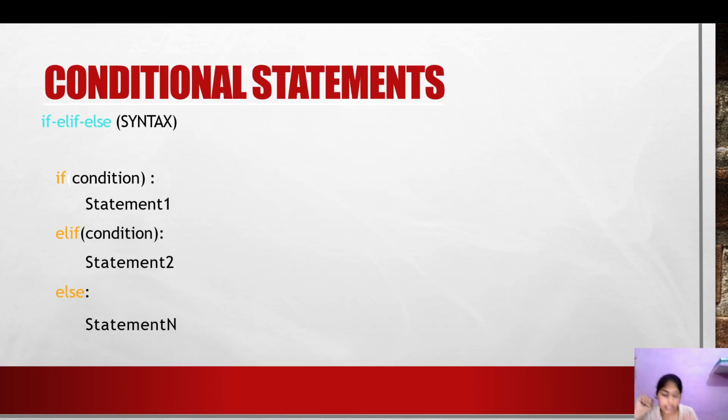Now the conditional statement. Okay. So what is a conditional statement? It is like whenever you dream about something, or you plan something. For example, if it rains today, I will not go to college. If is a condition: if it rains today, I will not go to college, else I will.